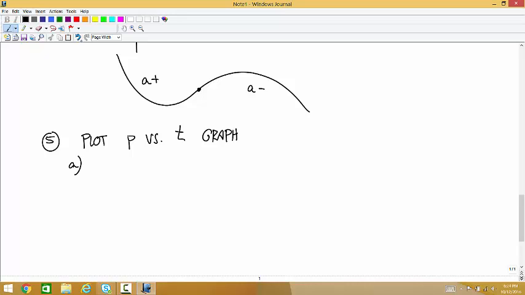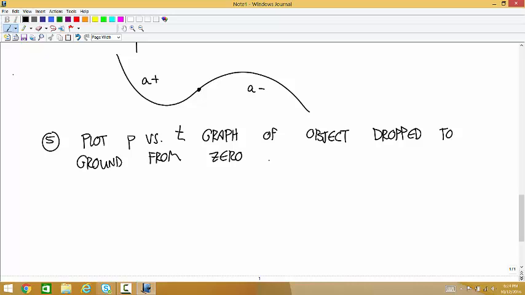First, of an object that's dropped to the ground from the 0 position. First with the positive direction up, and second with the positive direction down.